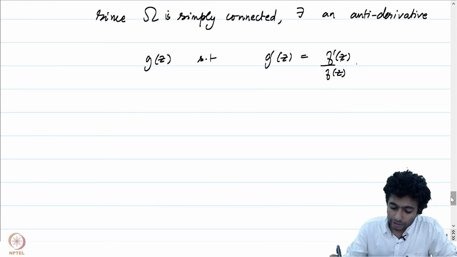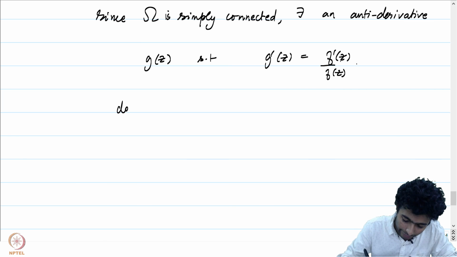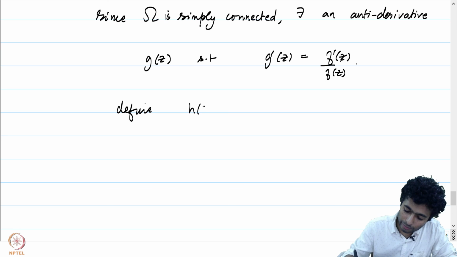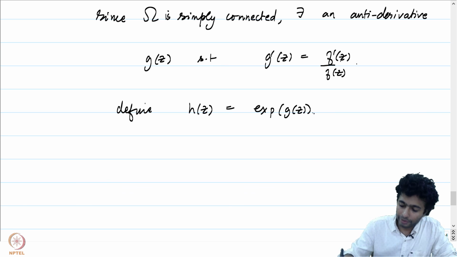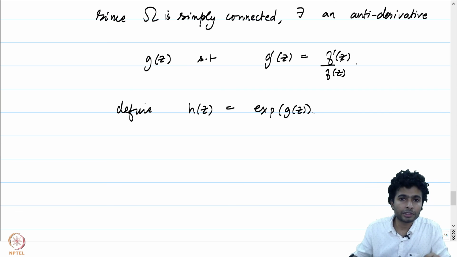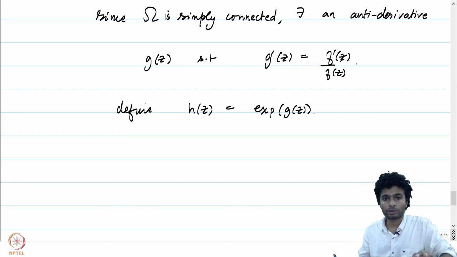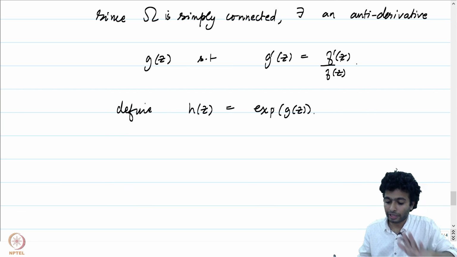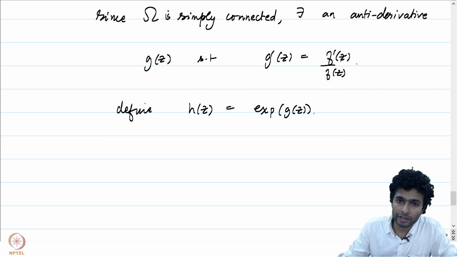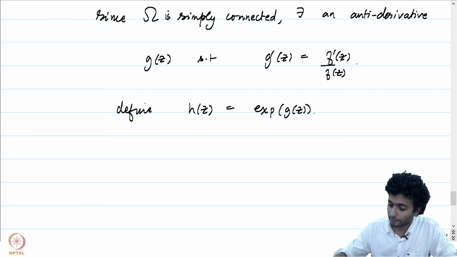Now, let us define h of z to be equal to the exponential of g of z. We know that g is a holomorphic function. We also know that exponential is a holomorphic function. Composition of holomorphic functions is holomorphic, and exponential does not vanish. Therefore, h is a function which does not vanish on omega and is holomorphic on omega.